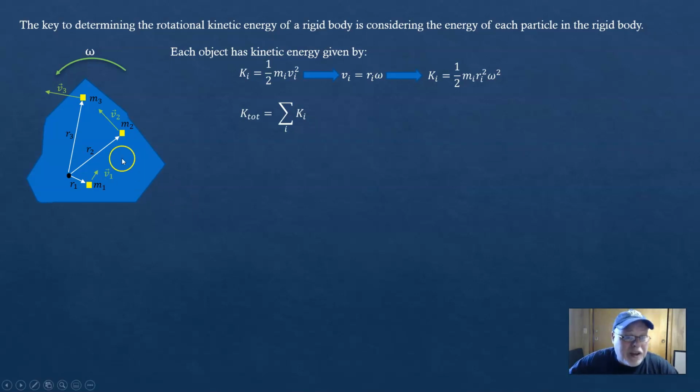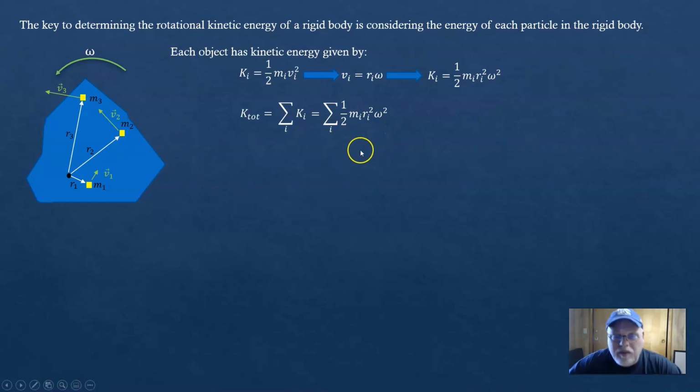We're just adding up the kinetic energy of every little piece that makes up the object. And so I can take my expression here, and what I get is that the rotational energy is equal to the sum of 1/2 m sub i r sub i squared omega squared, adding those up over every particle, however many particles there are that make up this object, however I choose to divide it. This would give me the kinetic energy.